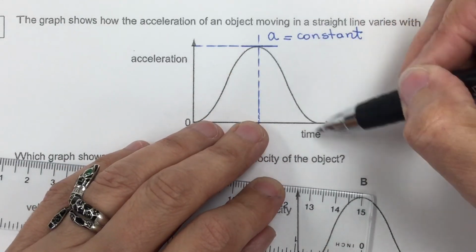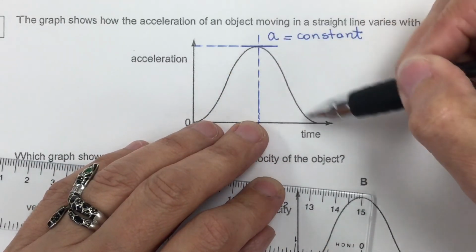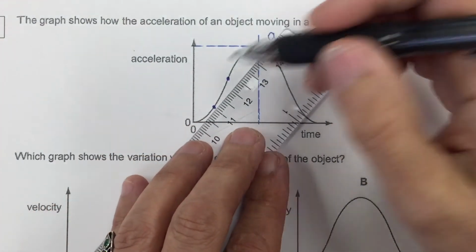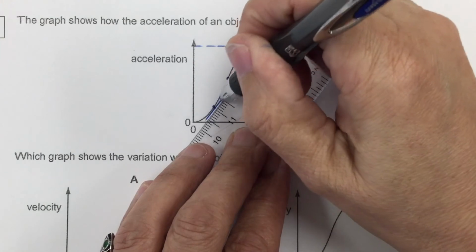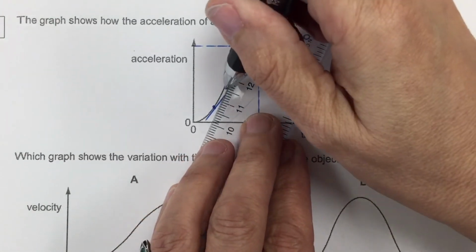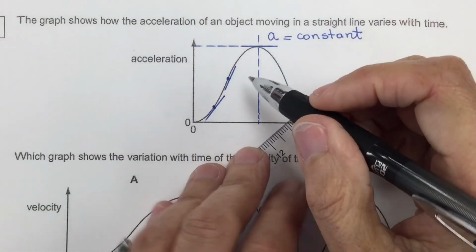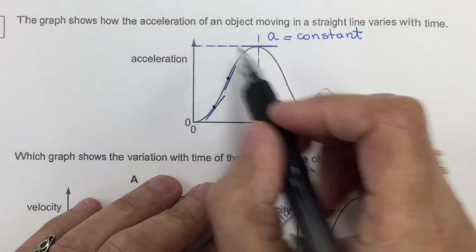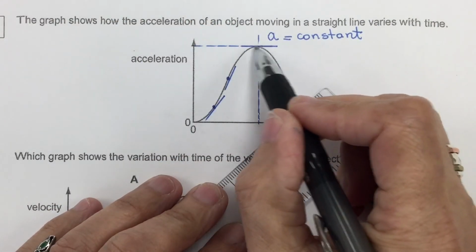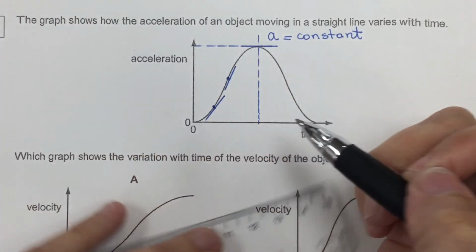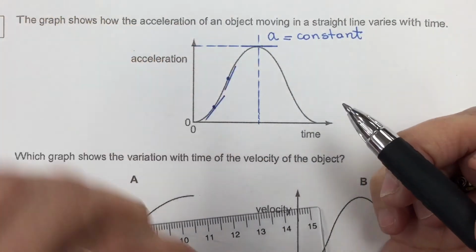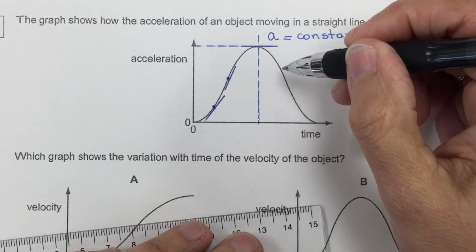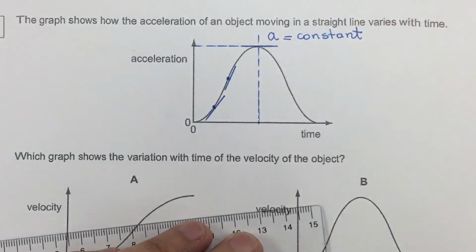And here we have another section of this curve. At these two points, I'm going to draw a tangent line, which indicates the acceleration is increasing and then remains constant for a quick time, and then it starts to decrease.